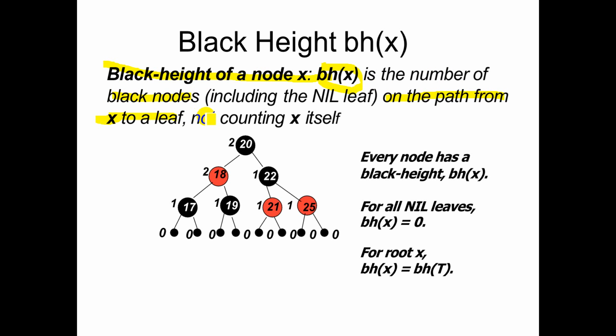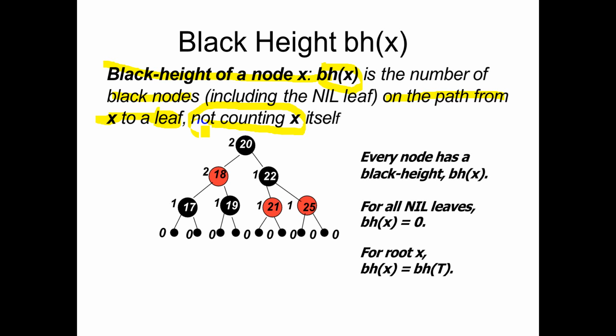Note that it includes the nil leaf, but excludes x itself. That means it is not counting the node itself.